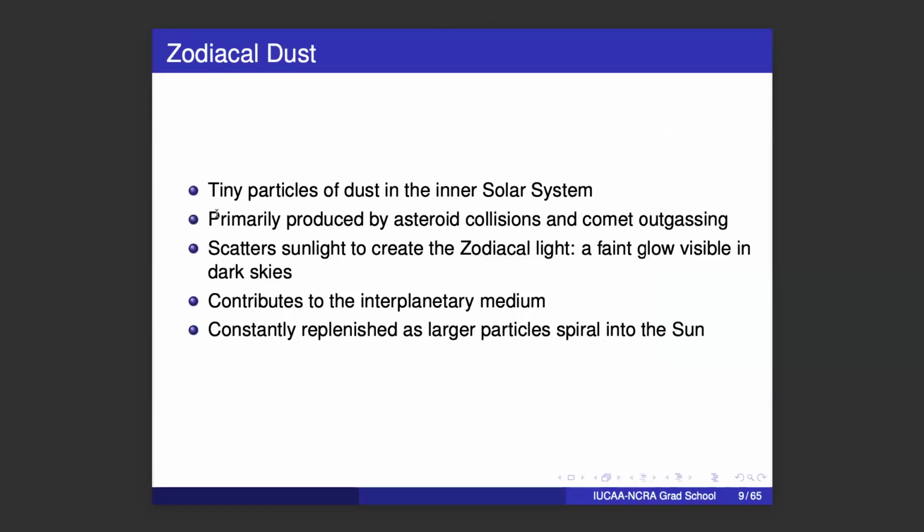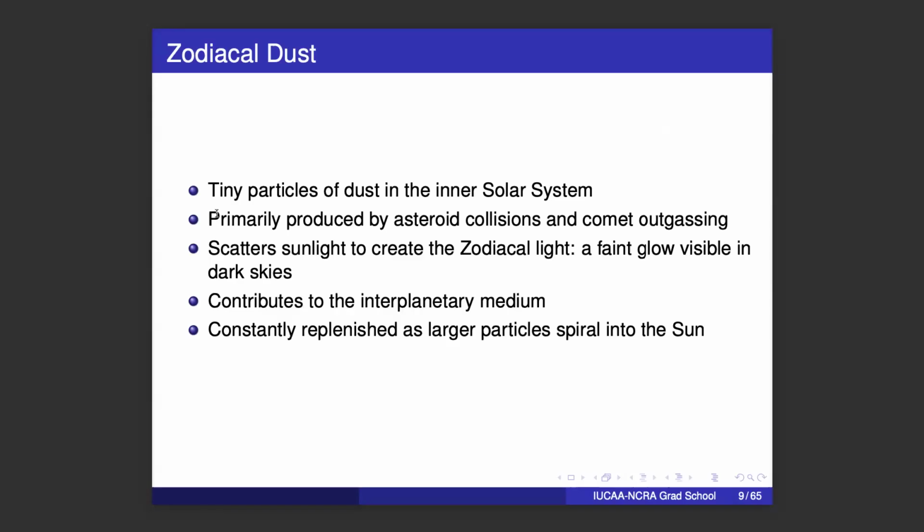Okay. So now coming back deep inside the solar system, there's something known as zodiacal dust. So these are tiny particles of dust in the inner solar system, and they are primarily produced by asteroid collisions and comet outgassing. And these dust particles tend to scatter sunlight to create something known as the zodiacal light.